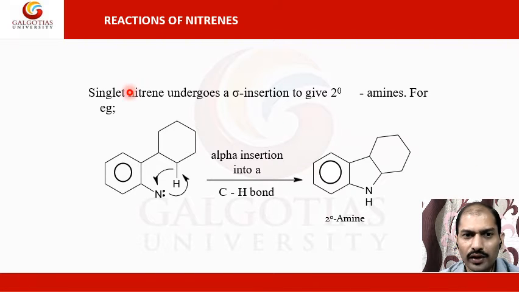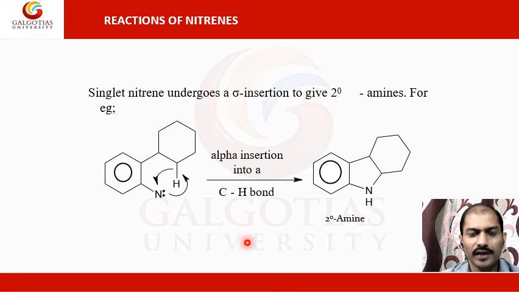Now, how do these species react? Singlet nitrenes undergo sigma insertion to give secondary amines. For example, here you can see these electrons could be in a singlet nitrene, as in the case of carbene we have seen, or a triplet nitrene, which we already discussed in the previous lecture.